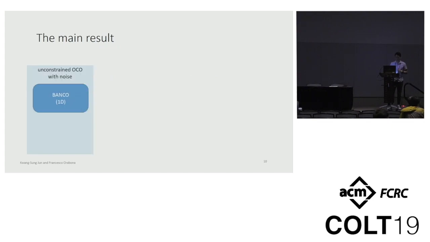So we use a reduction. BANCO is in fact a 1D algorithm, so it's the one-dimensional case. But instead of extending it to multi-dimensional space directly, we do the reduction, extending prior work, so that it takes in an algorithm in Banach space that competes within a unit ball. So this is the constrained version.